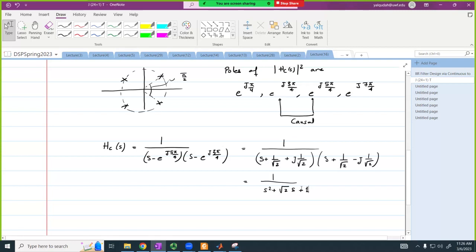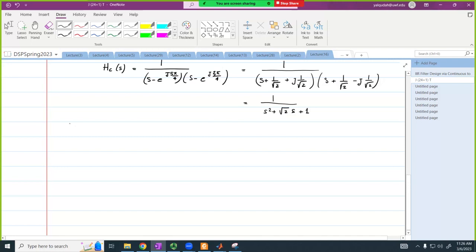So it has no zeros? Yes, the Butterworth filter does not have any zeros.